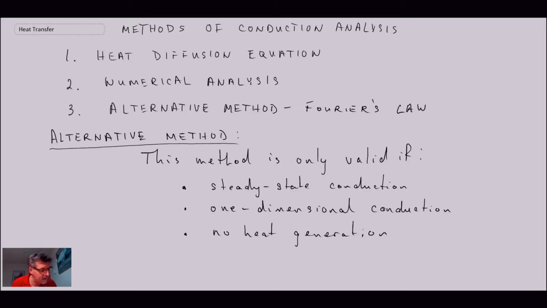So I'm going to set it up, and then we're going to look at it for three different applications, one being just one-dimensional conduction in a solid. Then we'll look at radial, cylindrical coordinate, and spherical. But let's begin in a generic manner.